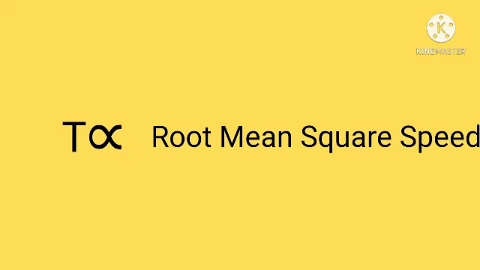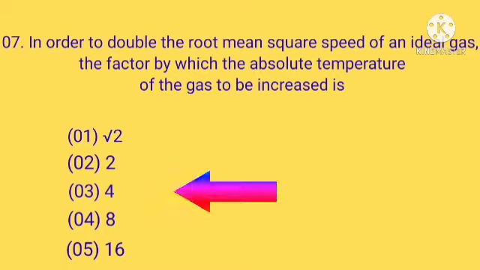But you have to see that in that formula, the temperature is square rooted. It's under the square root. So if you want to double the root mean square speed, then you have to quadruple the absolute temperature because it is under the square root. Okay, so the answer would be the third one.